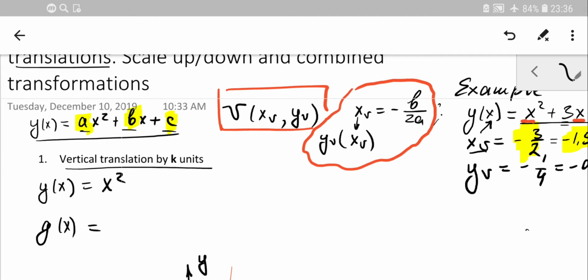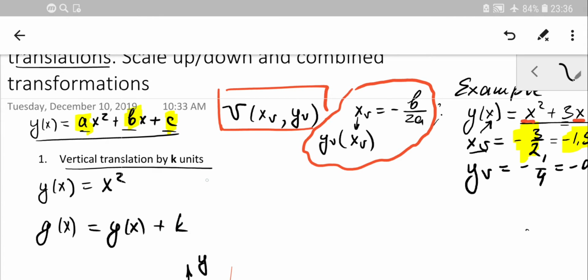So in this case, we don't have any change in shape. We simply need to move your vertex coordinates and the vertex point by some k units. In this case, it's vertically, so what we're going to do is take your basic function and simply add k units.